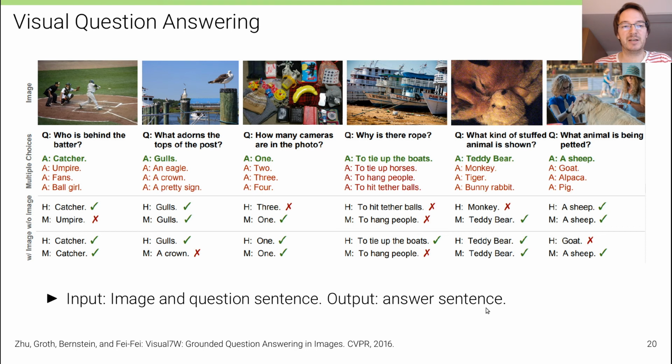And the output is an answer sentence, where in many cases, for instance, here the multiple choice answer is given, so we are providing to the model also multiple possible answers, and the model has to pick from these answers the correct one. So for instance, who is behind the batter? And then the correct answer is the catcher. Or what irons the tops of the post? And the correct answer is gulls.